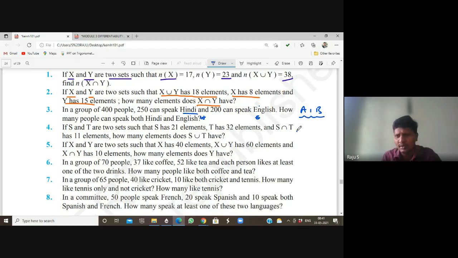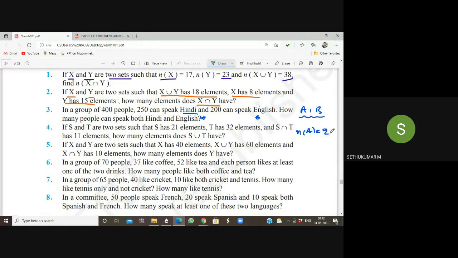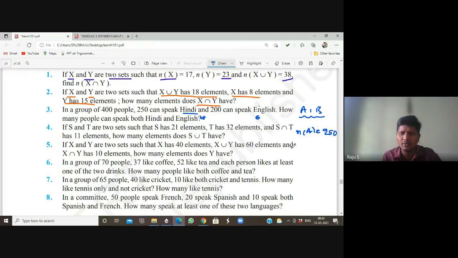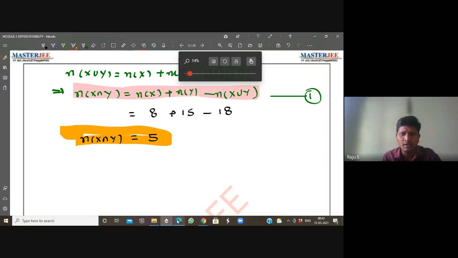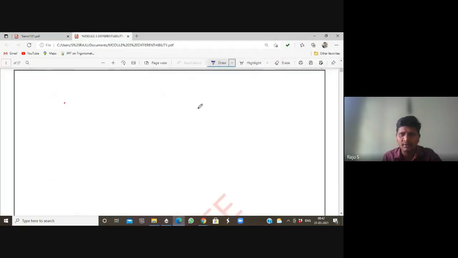So what is n of A? n of A value, 250. How many speak Hindi? Yeah, 250. Okay, fine, students. n of A is 250.